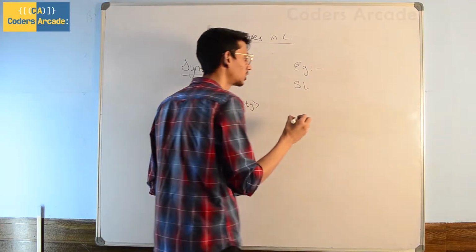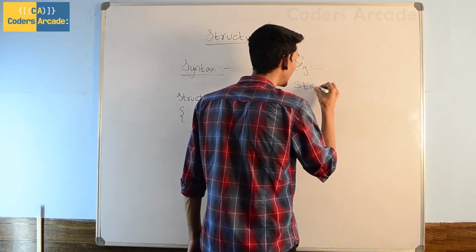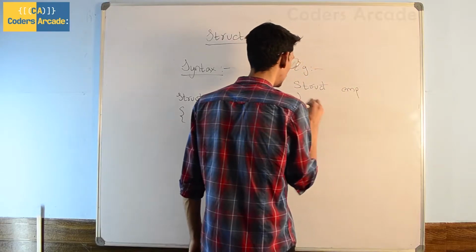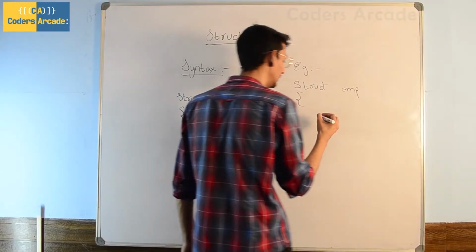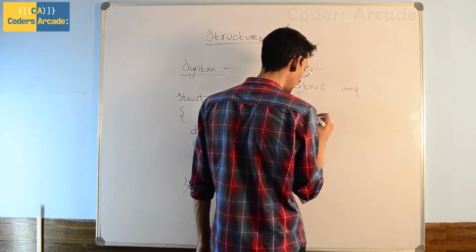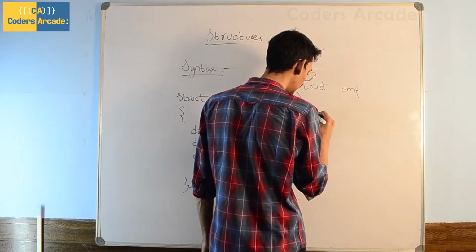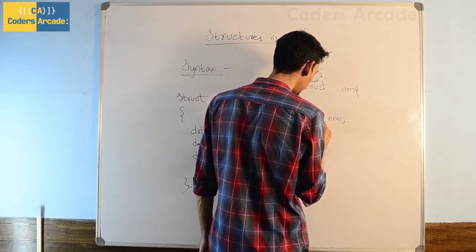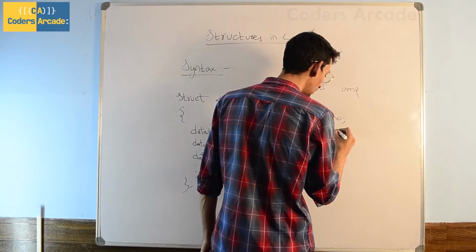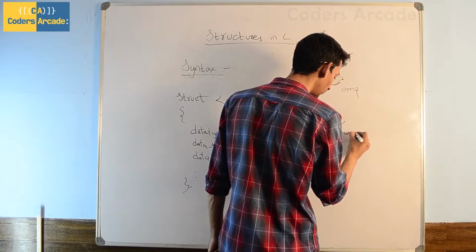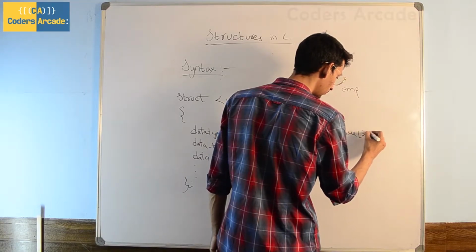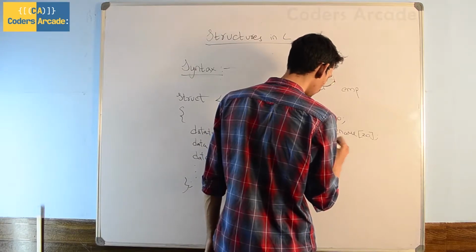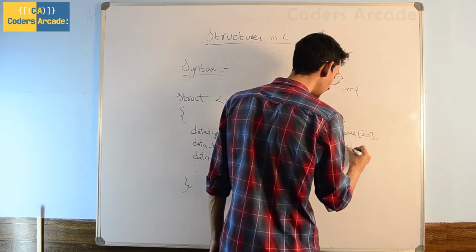We're going to create a structure of an employee. So we're going to create struct employee, and in our structure we are going to give employee number, which is int employee number, char employee name, and float employee salary.